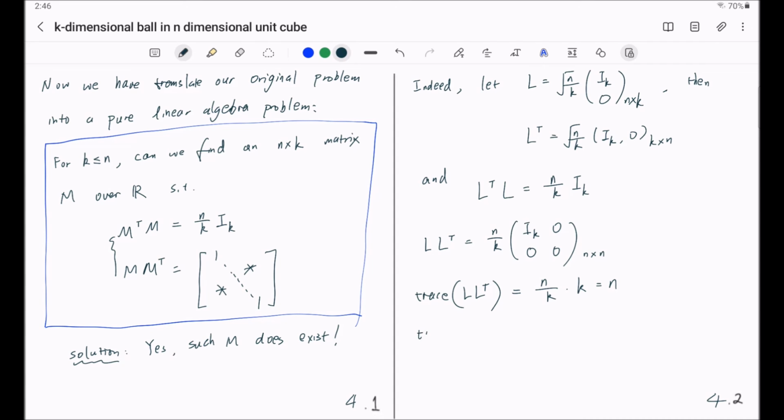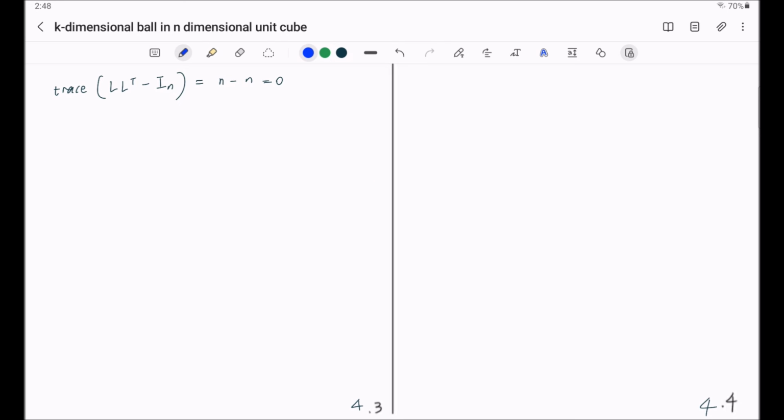This is because if we instead look at the trace of L L transpose minus I_n, then we get n minus n, which is 0. To this end, we're going to use a lemma from linear algebra.